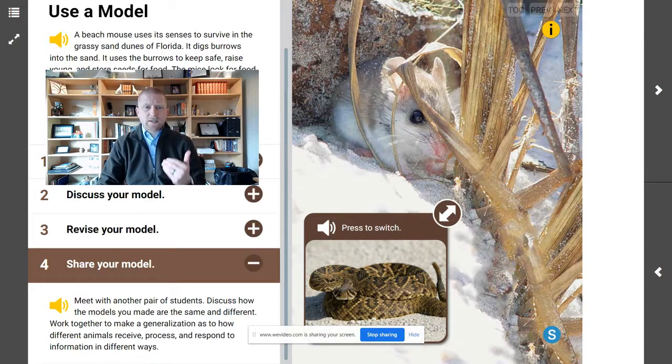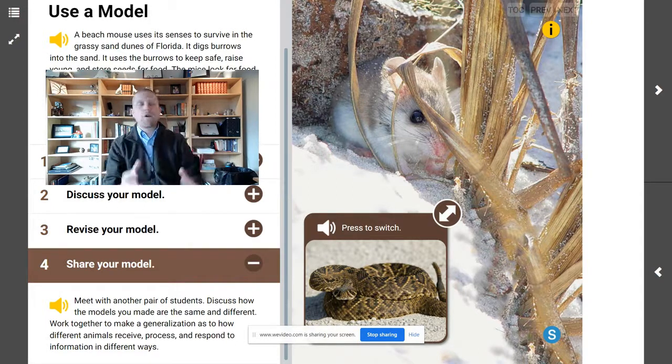Your next questions and next steps as you continue to move forward in this assignment is you are also going to have to answer some inferential questions. You're going to have to answer some questions on, when you're doing your research, what is a similarity in the way all animals process information from their environments?